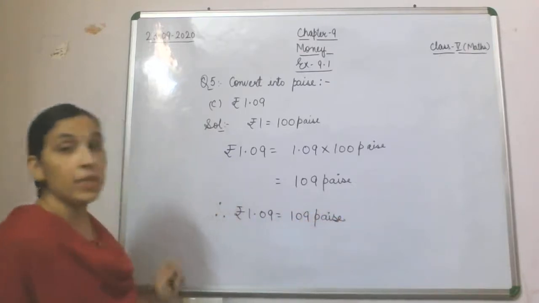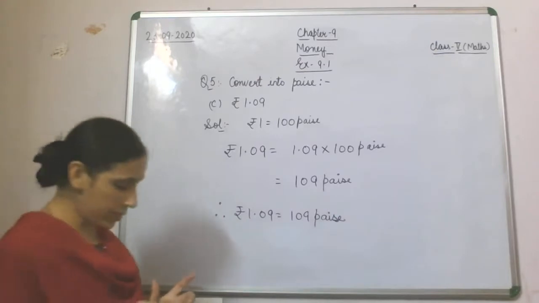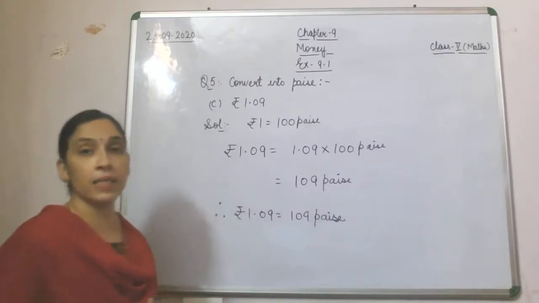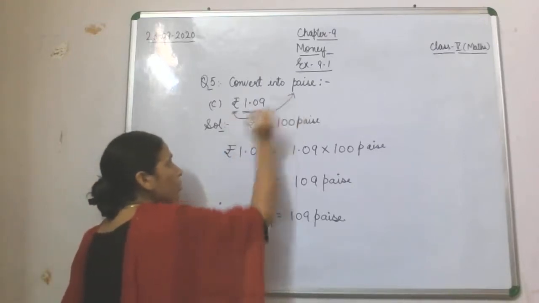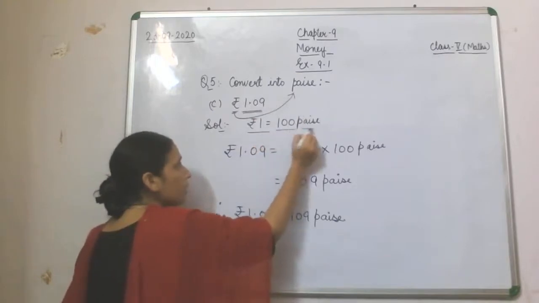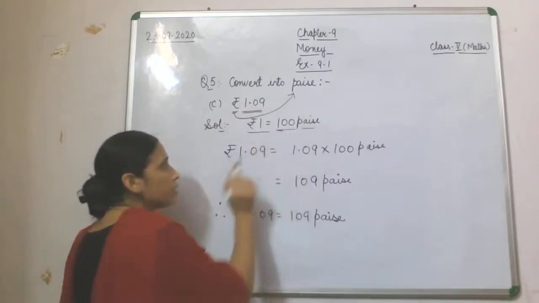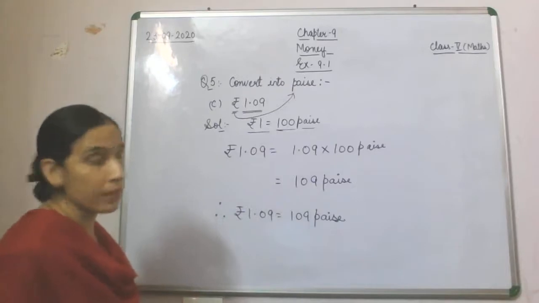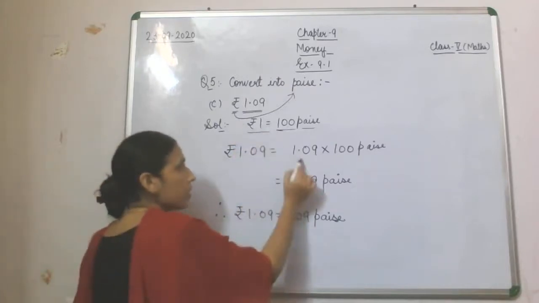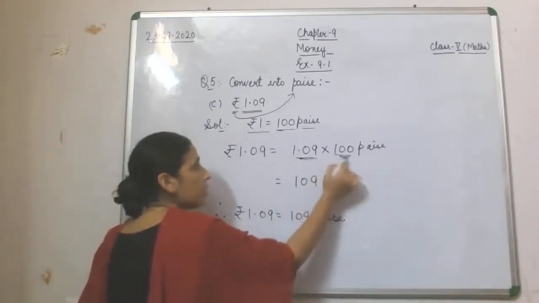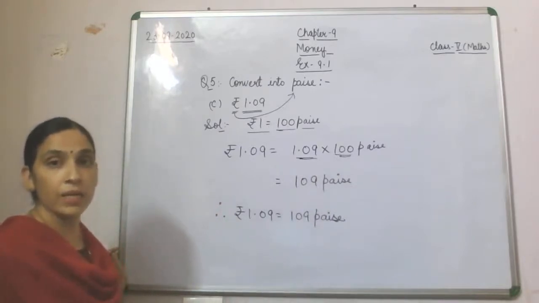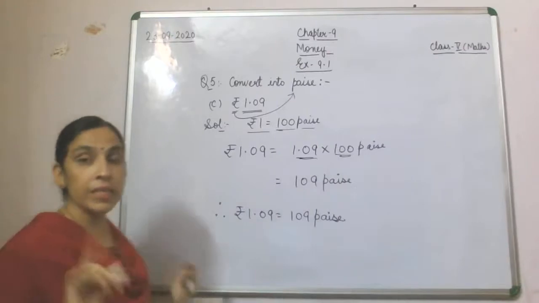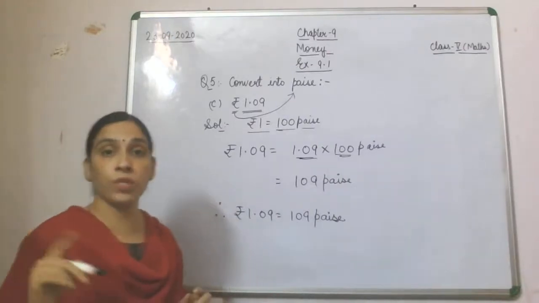So again I am telling you the different steps. Understand it carefully. First, you have to see the question, that you have to go from bigger to smaller. You will write the relation, then you will multiply. Whatever is given in the question will be multiplied by 100. When multiplying a decimal number by 10, 100 or 1000: if it is 10, the decimal will shift one place to the right.